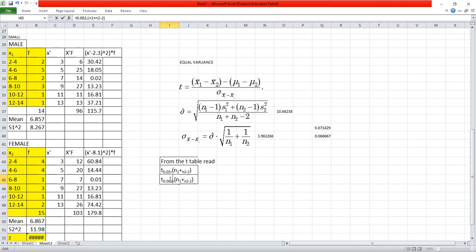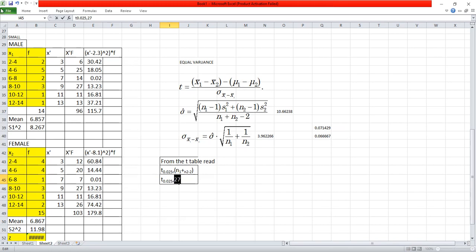Take half of 0.05. Then for the level of significance, N1 is 14, N2 is 15, so 15 plus 14 is 29, and 29 minus 2 is 27. So we are looking for this from our table.